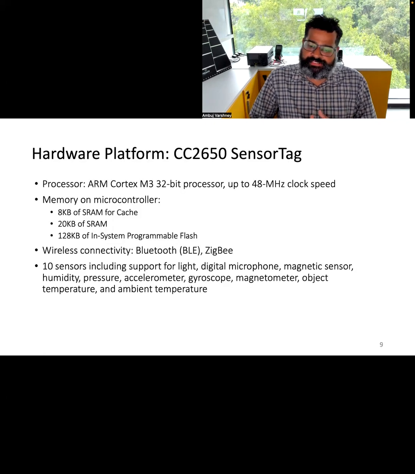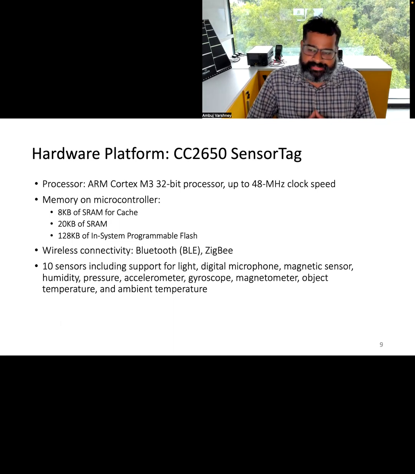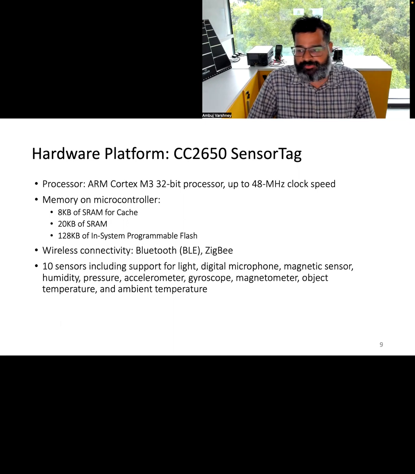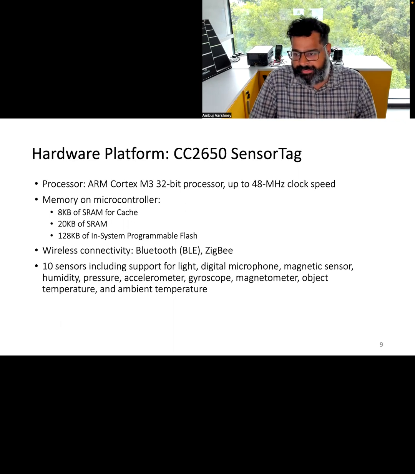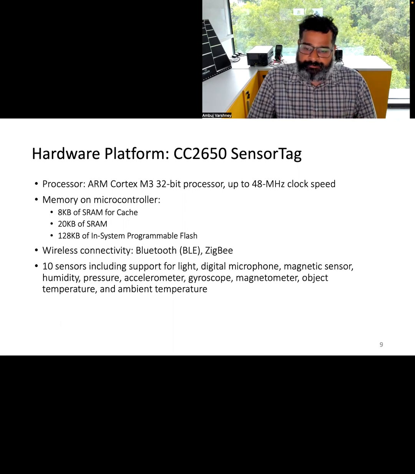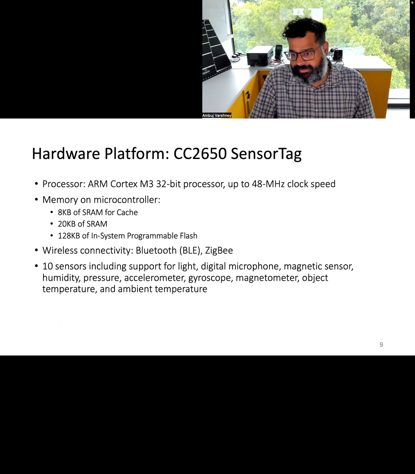So the core of the SensorTag platform is a Cortex-M3 microcontroller, which operates at a maximum clock rate of about 48 megahertz. It features various types of memory, including flash, which is used to store the program, and SRAM, which stores variables and other temporary information from the program. Additionally, the platform supports wireless connectivity through Bluetooth and Zigbee wireless standards.